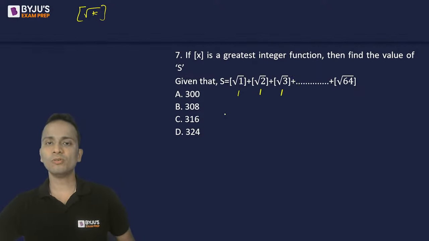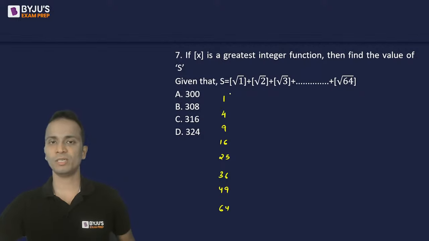So it will change the values at 1 as the first term, then at 4, 9, 16, 25, 36, 49, and 64. Let me rewrite it by creating some space properly. So it will change the values at 1, 4, 9, 16, 25, 36, 49, 64, and we'll have to go up till 64.